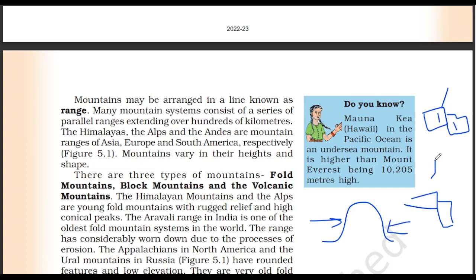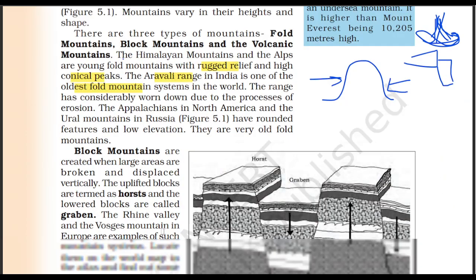The Himalaya mountain and Alps are young fold mountains with rugged relief and high conical peaks. The Aravalli range in India is one of the oldest fold mountain systems in the world.